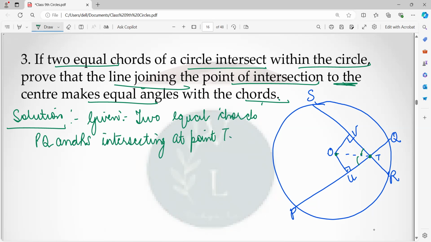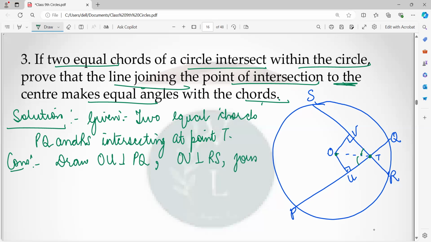Now, what we'll do? Again, we'll draw the perpendicular. So that is the construction. Draw OU perpendicular to PQ and OV perpendicular to RS and join OT.